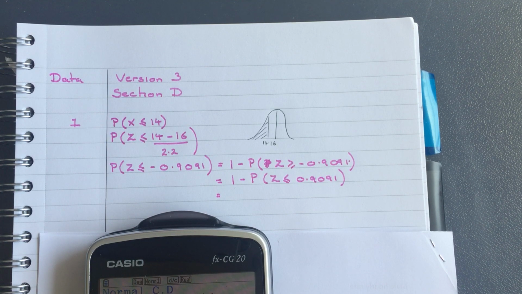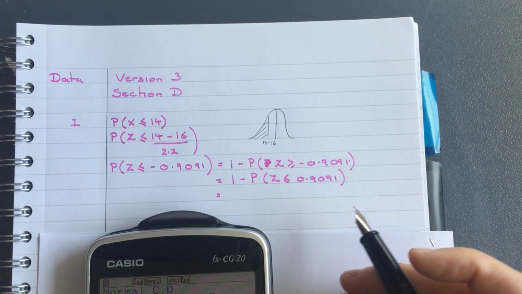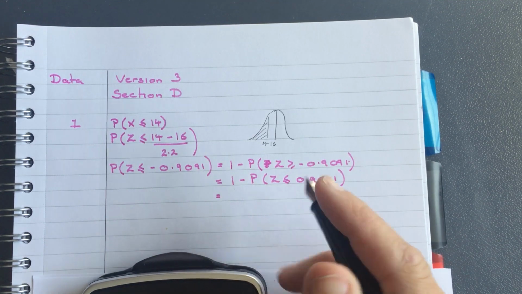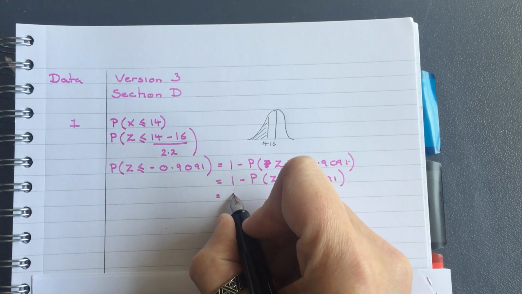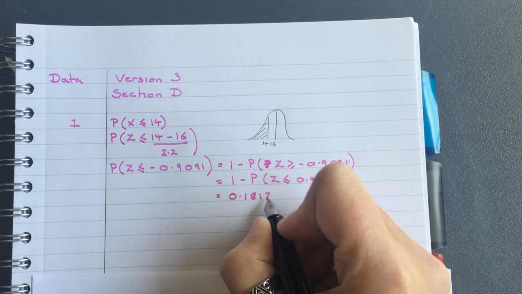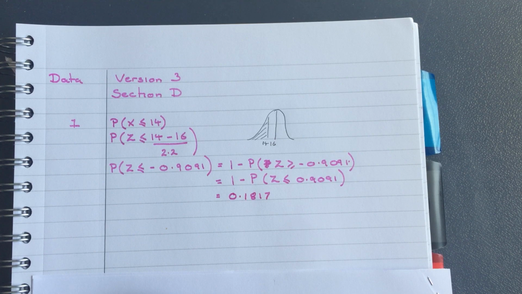Our standard deviation is 2.2, our mean is 16. It gives you your Z value, which is the same as the one we calculated. The lower one you ignore, and it also gives you the probability. So the probability here is 0.1817.